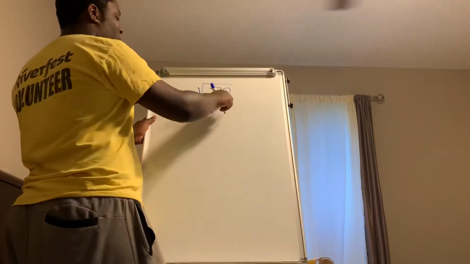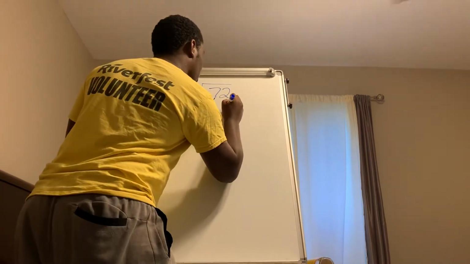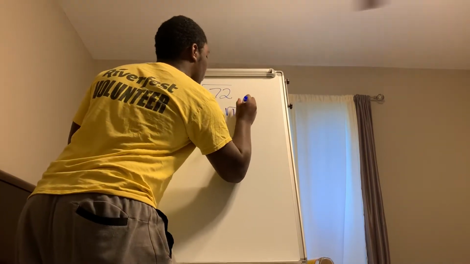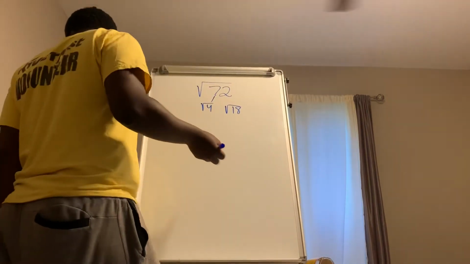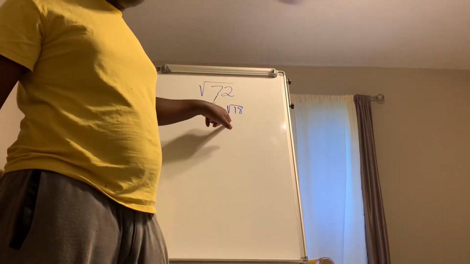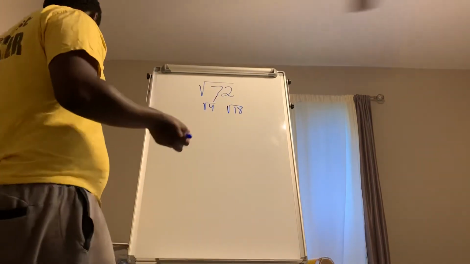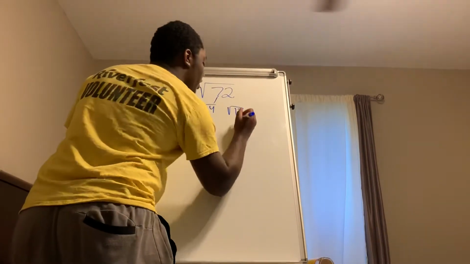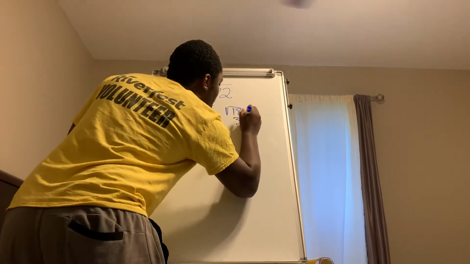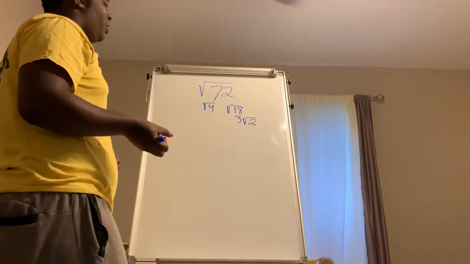And then 72 divided by 4 is 18. So our other is the square root of 18. Now, from the last question, we've already dealt with the square root of 18, so we can use that prior knowledge to know that right here, we're going to have 3 radical 2.